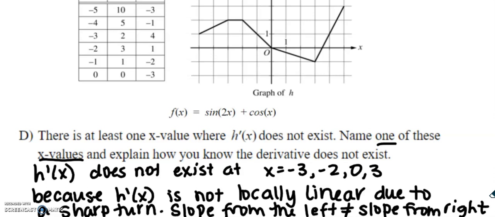Something I noted when I was going through and grading these is some of you said that it doesn't exist here because h prime is 0. H prime can be 0. That's a number. I mean, 0 has a lot of interesting features to it, but h prime being 0 exists. The slope is 0. You literally just said it. The slope is 0. So make sure we're careful about 0 slopes versus undefined slopes.